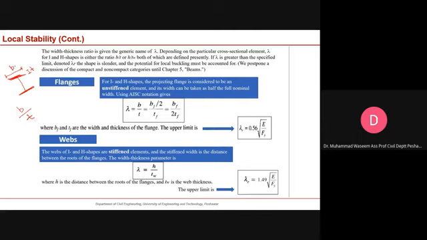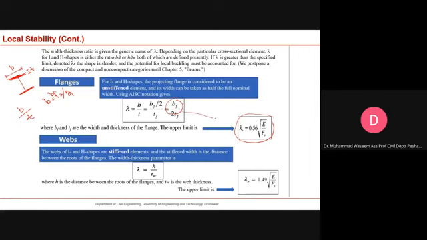In this case b is this one. This is an unstiffened element, so b is bf by 2. Now this is lambda. Now you have to compare this value with the code given value.